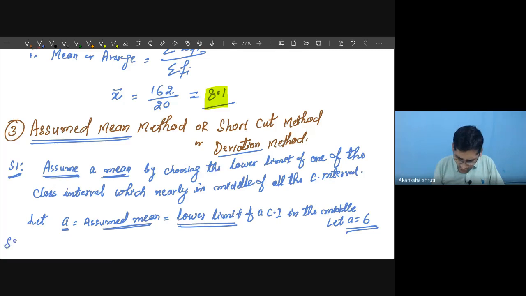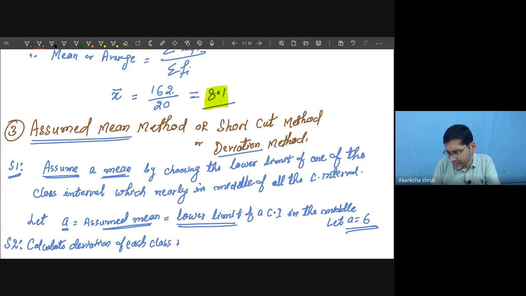Then step number 2 is to calculate the deviation of each class mark from this assumed mean. Class mark, understand this.